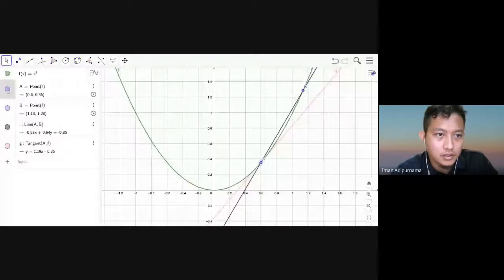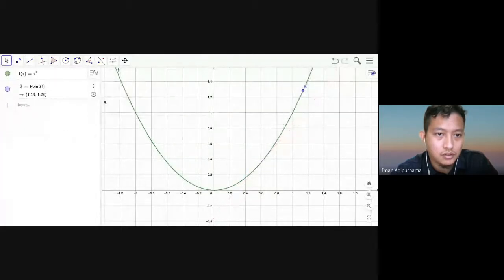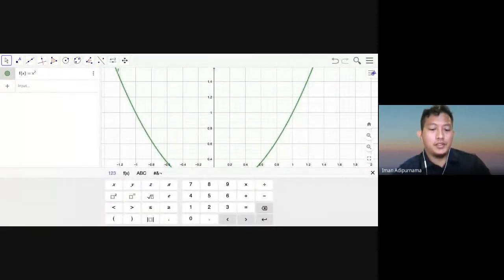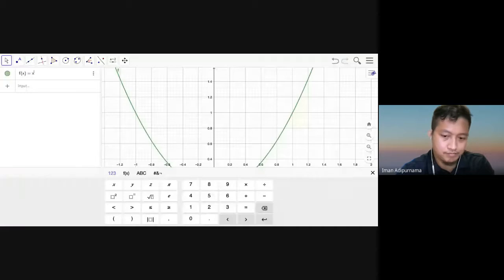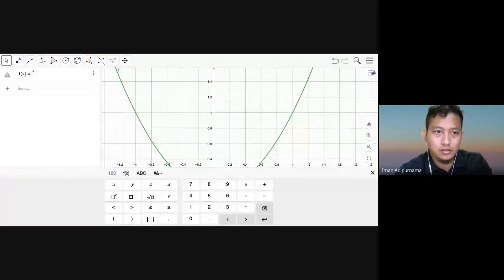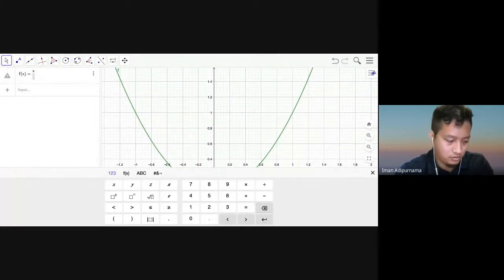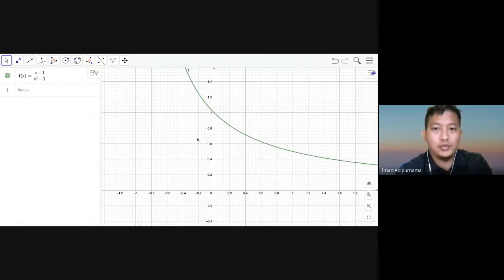Let me delete all here, and let me change my function and make it, let's say, x squared minus 1. That will be our function now.